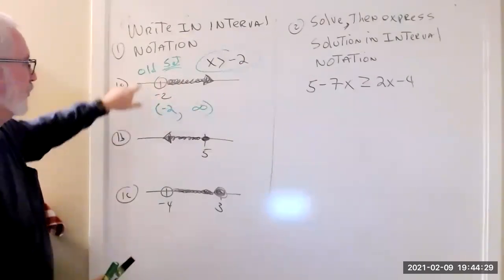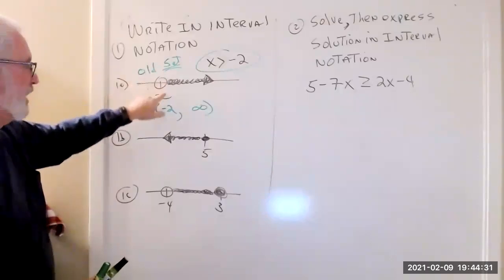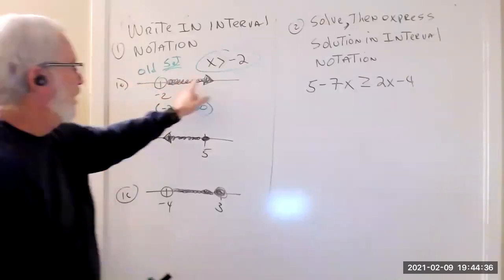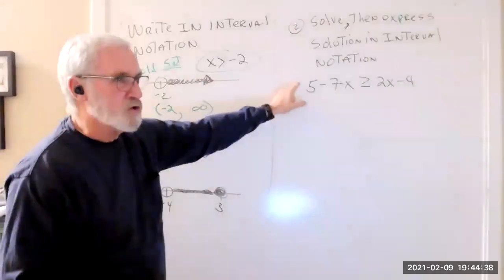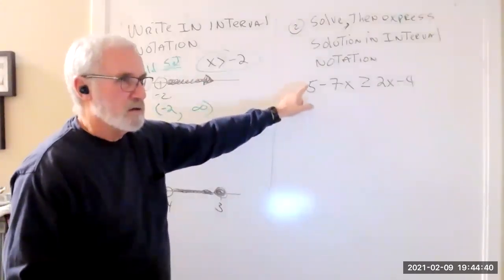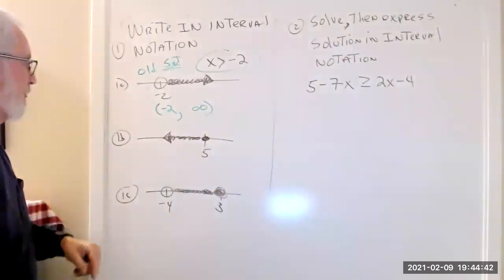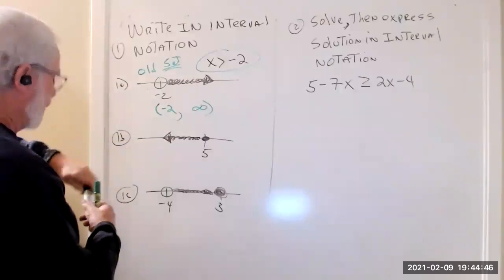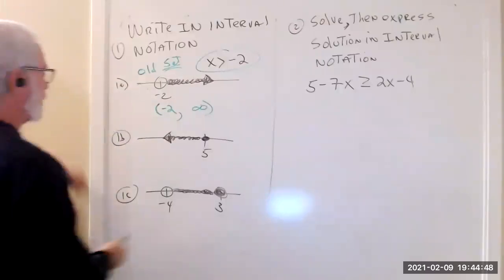That's what the open circle meant. We can't touch -2. We could get real close to it, but never get there. And of course, we can never reach infinity. Okay, despite Buzz Lightyear.